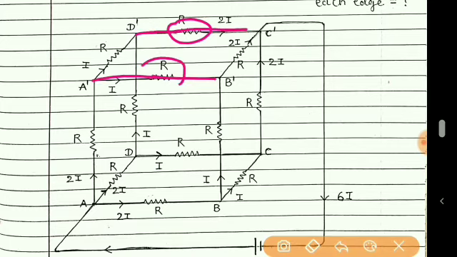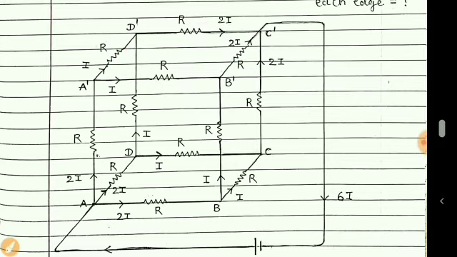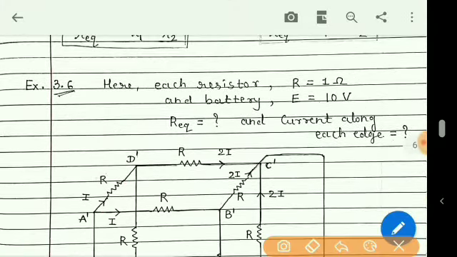You can see at every edge there is a resistor, and the values of these resistors are the same, that is given. So here each resistor is of 1 ohm. We have used the symbol R for that resistor. Also a battery is connected.